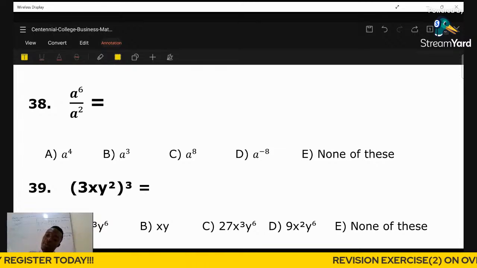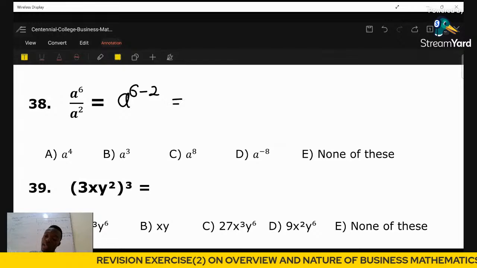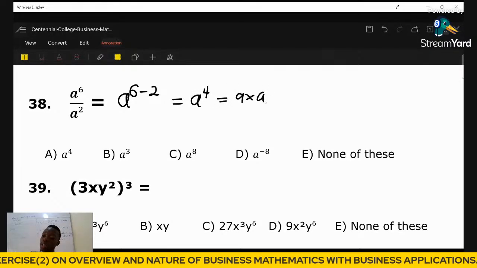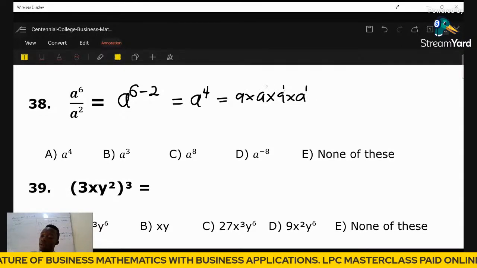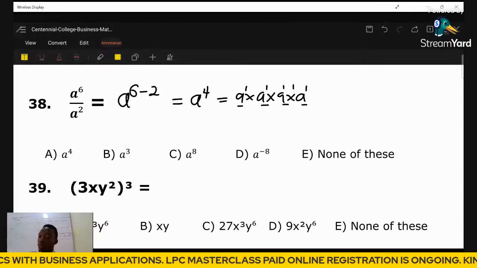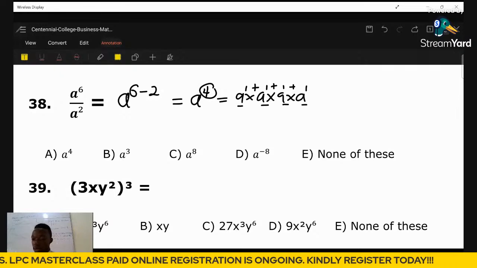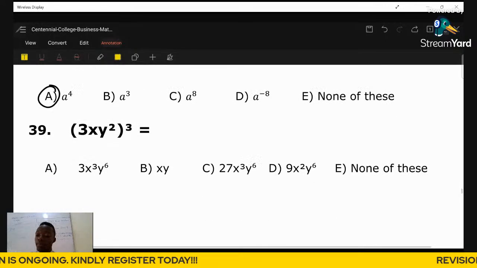So here it becomes a to the power of 6 minus 2, and we are getting a to the power of 4, which is the same thing as a multiplying a multiplying a multiplying a, each having a power of 1. By law of indices, when the bases are the same, we add the powers. That's why we're getting 4 here, right? So let's take note of that. That's going to give us option A. So these are very important when it comes to our fundamentals.